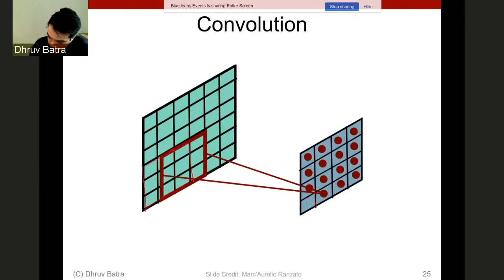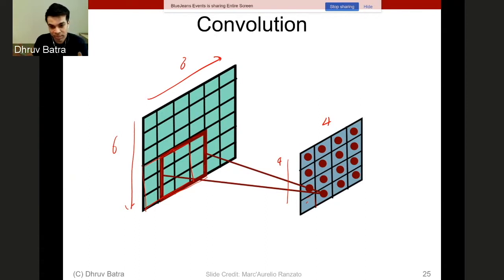I appear to be missing a slide, but notice that the input started out as 6 by 6, and the output is now 4 by 4, and this is by construction, because if you do not want to place your filter outside the bounds of the image, which you cannot, then you end up with something smaller because the filter has a specific size. This is a problem that we will cover later in the lecture today.